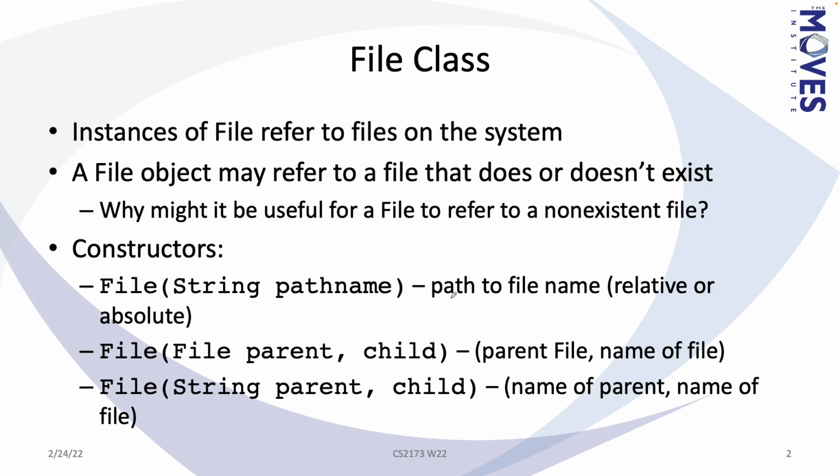And so that will lead to a constructor like this: if you're saving a file, I can instantiate a file object and give it the name that the user has created, including the path to where it is.